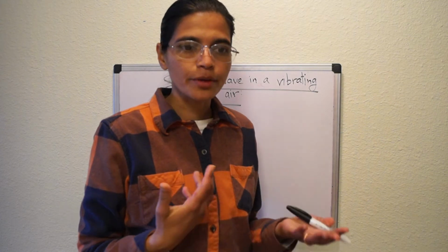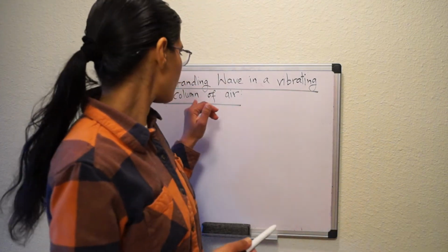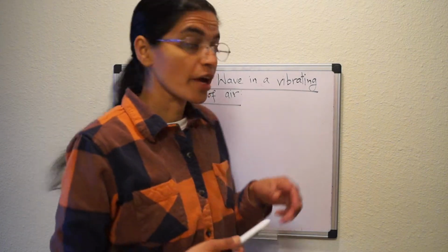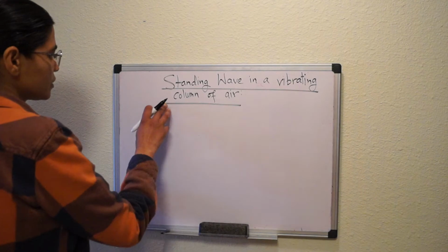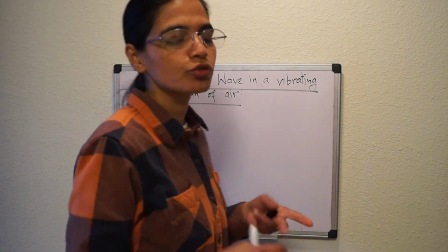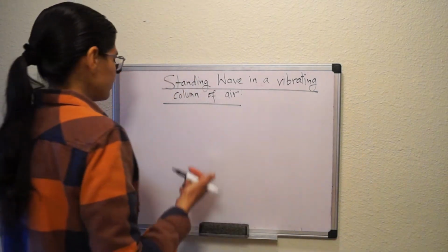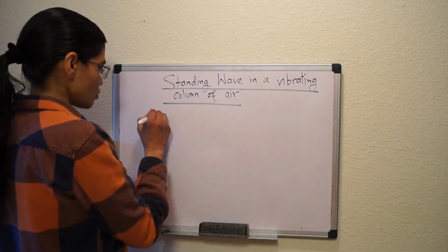So what kind of standing wave do we get if we have a vibrating column of air? Okay, so let us see. There are several possibilities, but we'll do the general version. One is where one end is open.